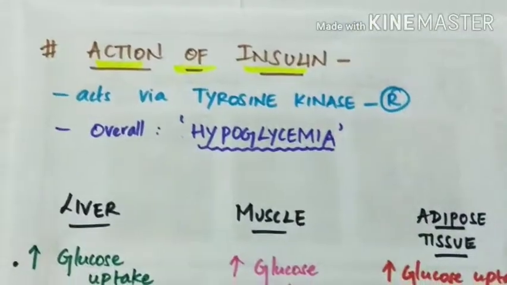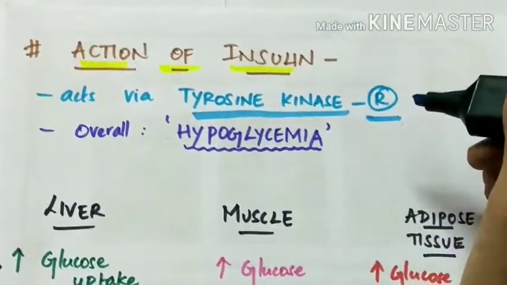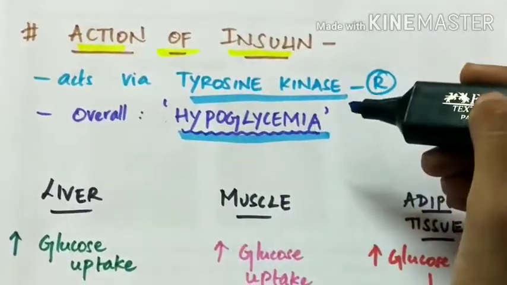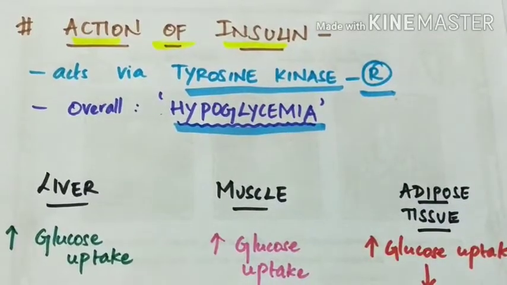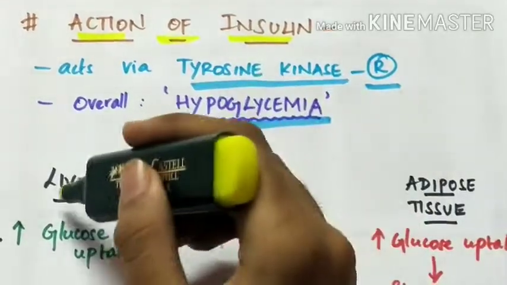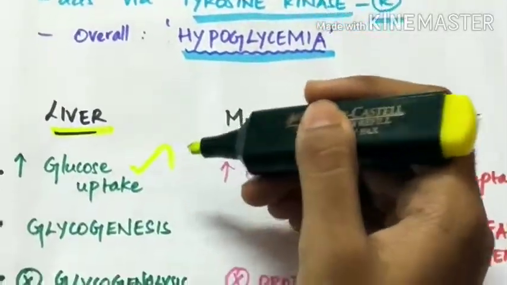The action of insulin. Insulin acts via tyrosine kinase receptor. Overall, it is a hypoglycemic hormone. That is, it decreases the blood sugar level. So let's see its action in different tissues. First is liver. In liver, it increases glucose uptake.